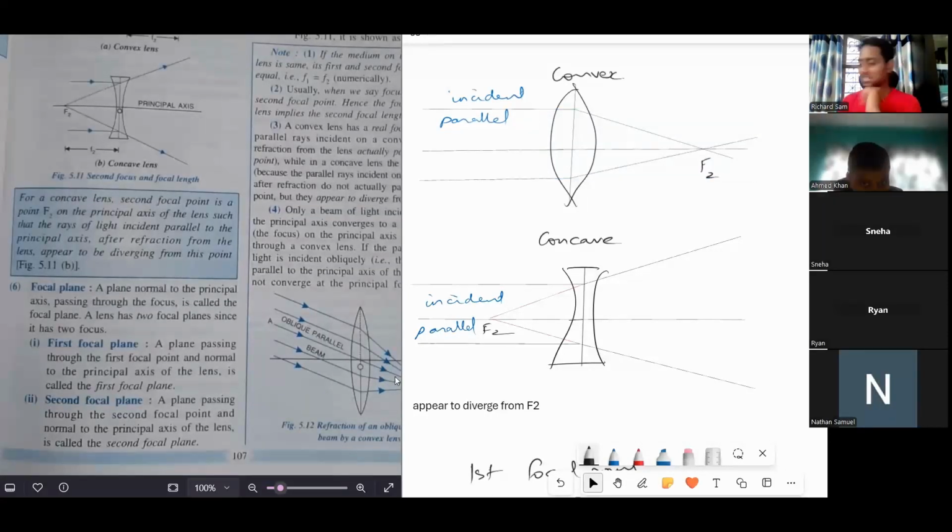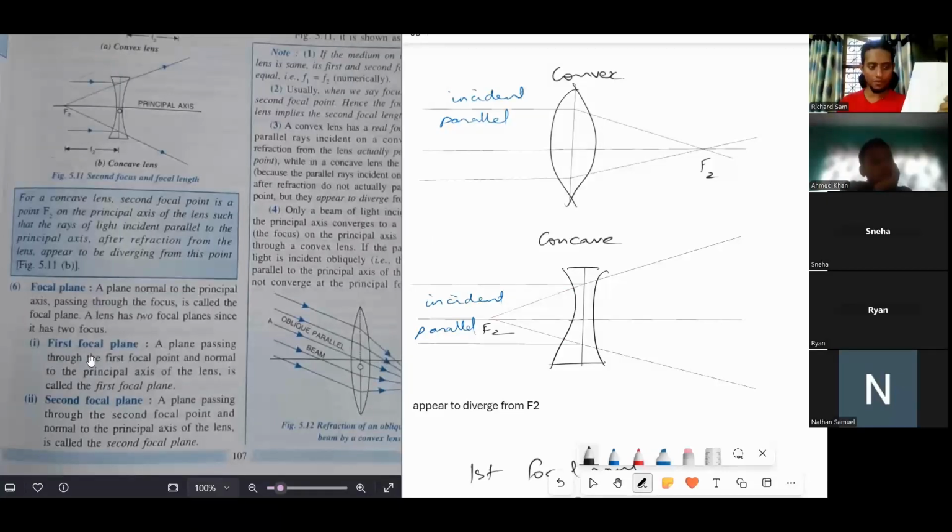And focal plane is a flat surface, right? You know what's a plane? A flat surface is called a plane. So if I put a flat surface at F2, that is the focal plane. If the flat surface is at F2, that's called the second focal plane. If the flat surface is at F1, then that's called the first focal plane.